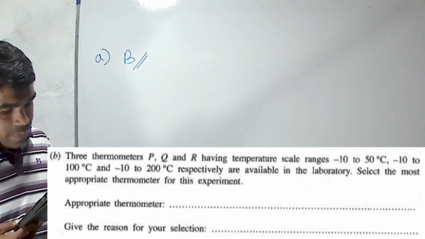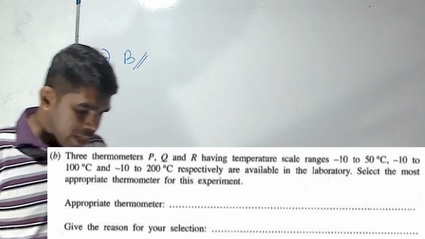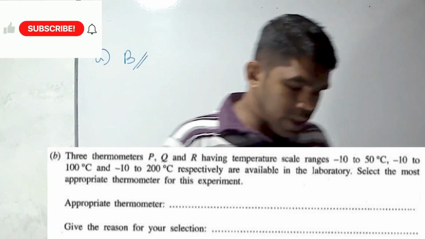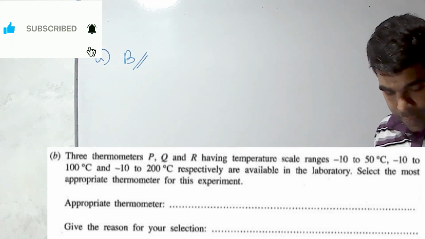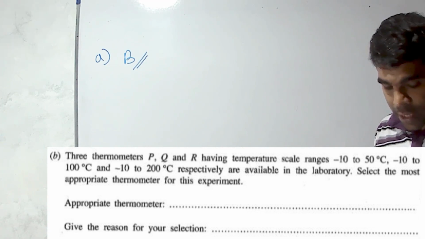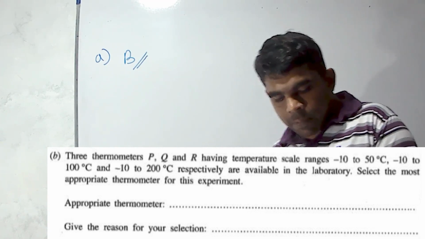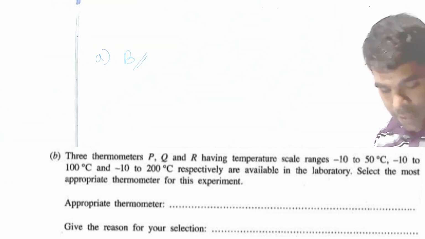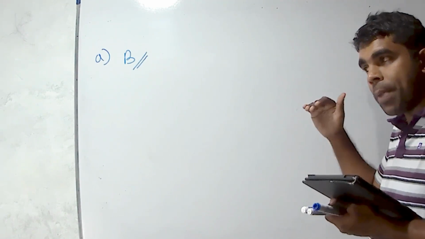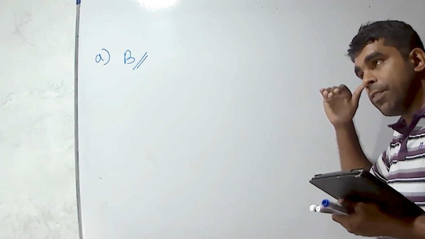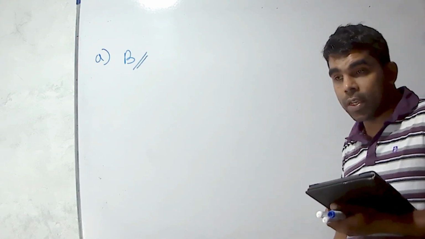In part B, three thermometers P, Q, R having temperature scale range -10 to 50, -10 to 100, -10 to 200, respectively are available in the laboratory. Select the most appropriate thermometer for this experiment. In this experiment, we are measuring the room temperature and values less than room temperature as the dew point.